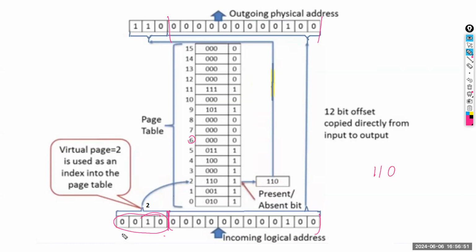Now assume this is 0110, which means 6. So you go for 6, and it says the valid bit is 0. That means you can't do the translation, because for this particular page there is no corresponding frame. Your valid bit says 0. I took 0110, that is 4 plus 2, 6.